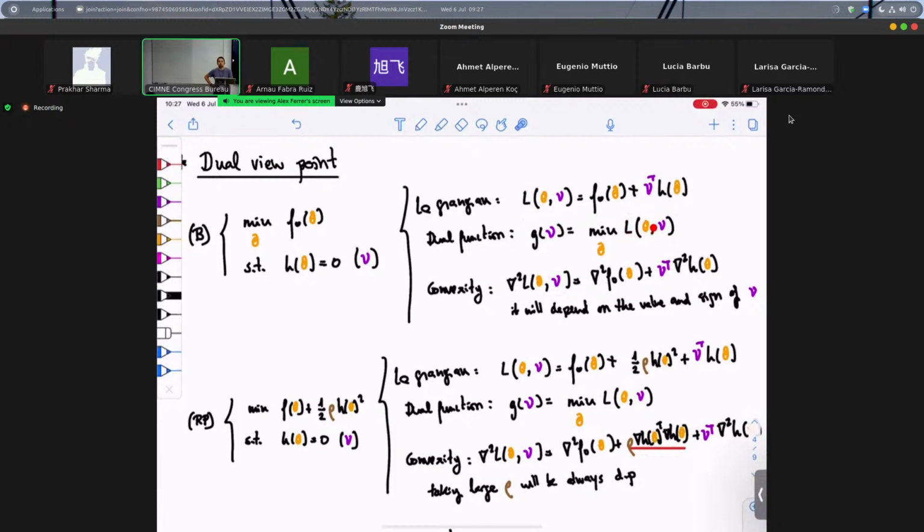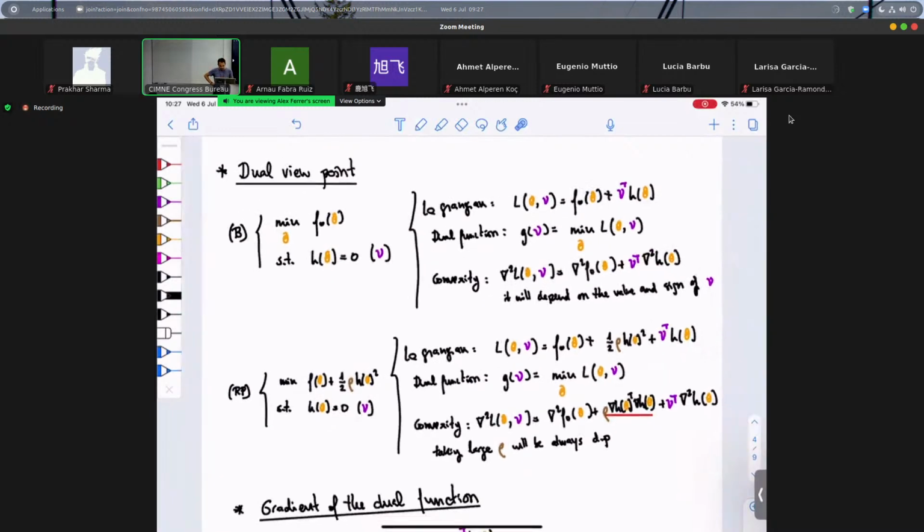Is this problem convex? If it's differentiable, it will depend on the second derivative of L. So we take the second derivative. It's not the second derivative only of f. Now you modify the second derivative of f, like the Hessian, with a parameter of the constraints.